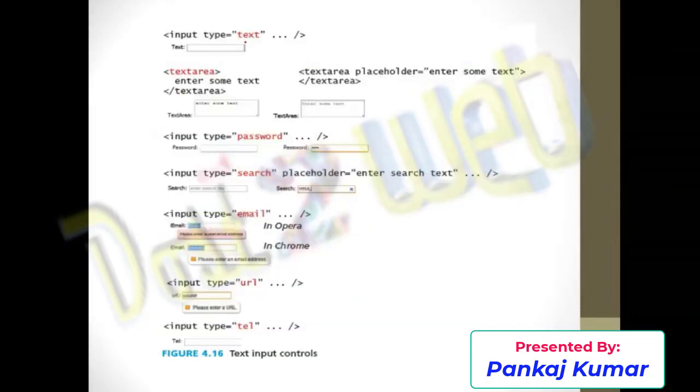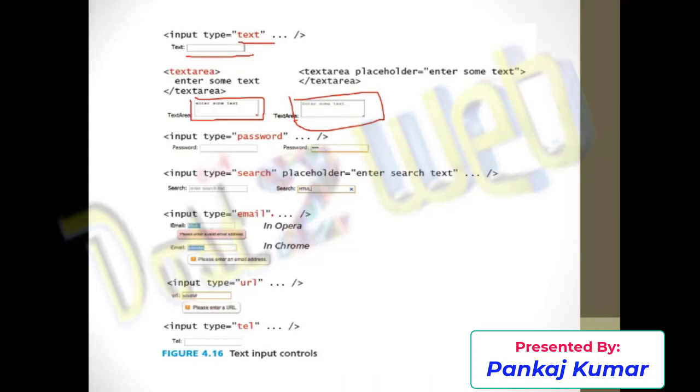This all comes under the text input controls. You can see here, when I'm giving input type text, the text box will be there. When you are giving text area, you can see here the number of rows gets increased. The same way you can define the text area. If you give input type password, the moment you enter the password, it will show star star star, right?